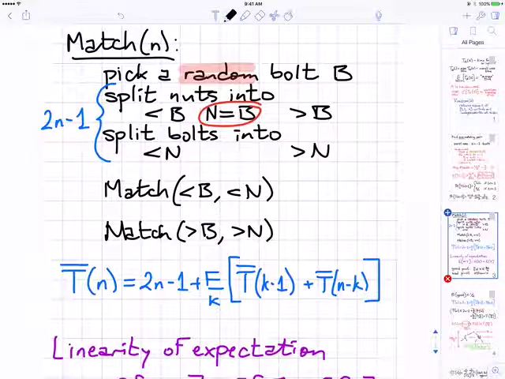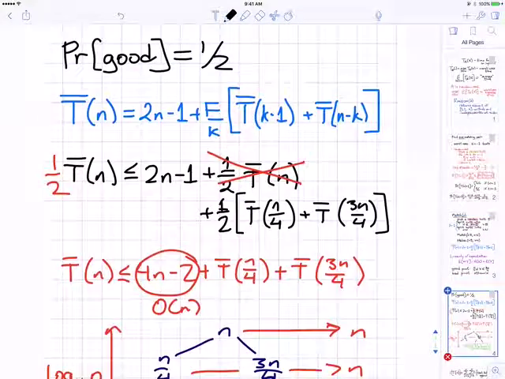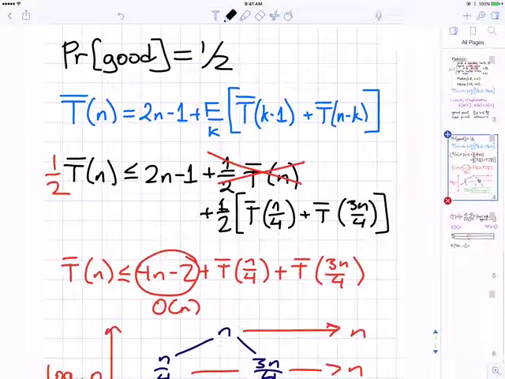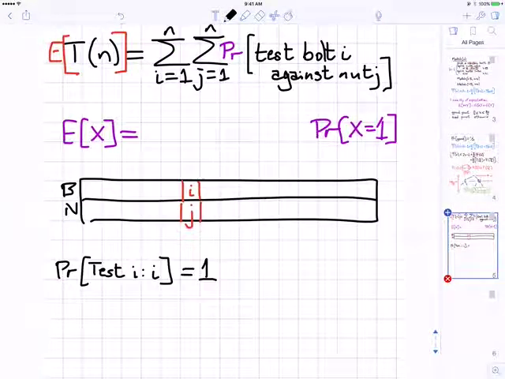What's the simplest base case you can think of? Nothing. There ain't nothing to do. I've got a set of 0 bolts and a set of 0 nuts, and I want to match them up. Done. Okay? But what that means is, if I use the empty sets as my base case, at some recursive level, somewhere in the tree, every bolt gets to be a pivot. Which means every bolt is going to be tested against its match. Okay, so in this case, the answer is 1.